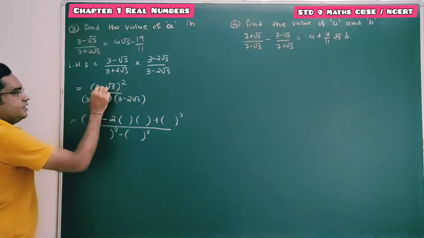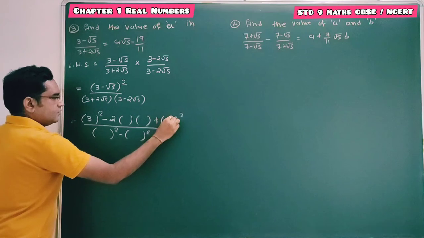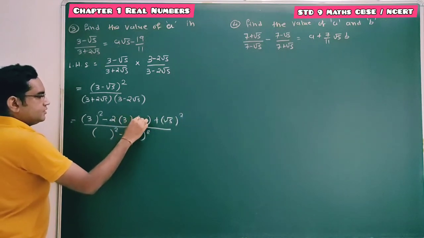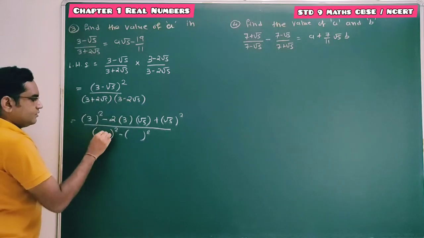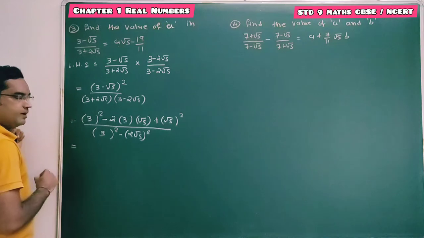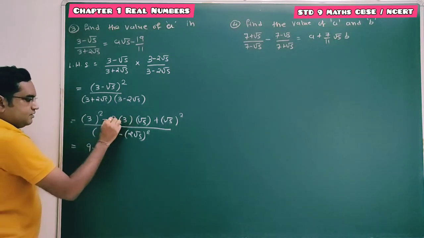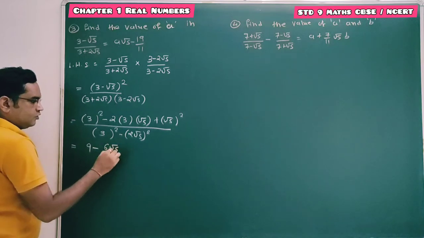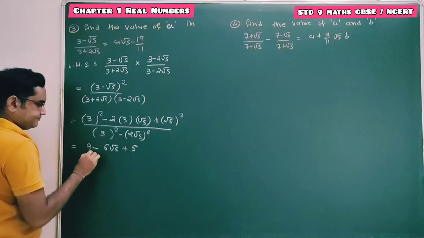Put the values in a minus b whole square. So a is 3, b is root 5. Now this one is 3 square minus 2 root 5 square. Clear. Now 3 square is 9 minus 2 into 3 into root 5 plus root 5 square is 5.